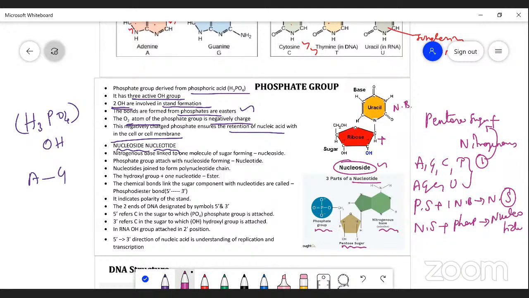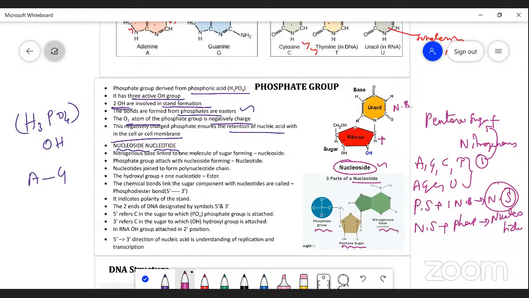First, how are nucleosides formed? One pentose sugar plus one nitrogen base, whether adenine, guanine, cytosine, thymine or uracil, but only one nitrogen base combined with the pentose sugar, whether deoxy or ribose sugar. It forms the substance known as the nucleoside.